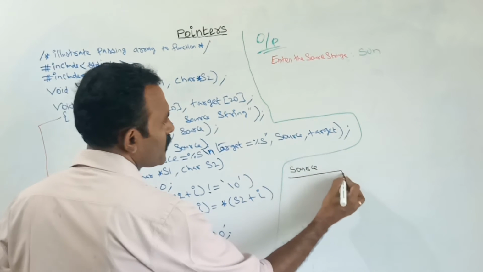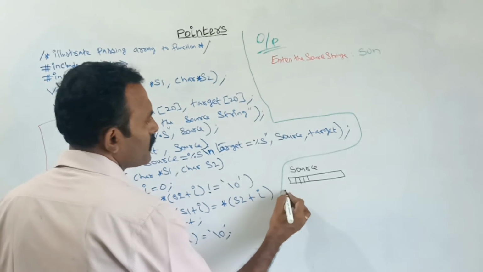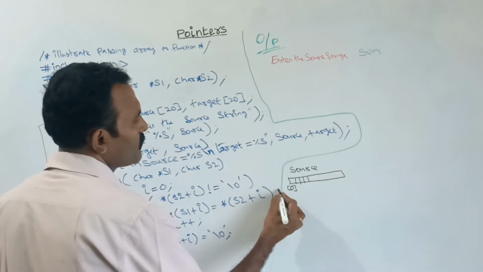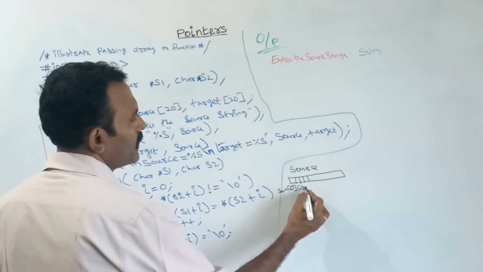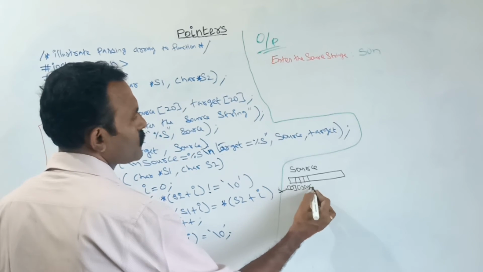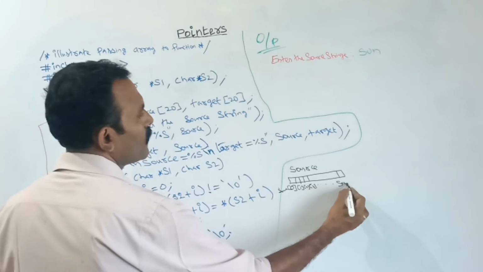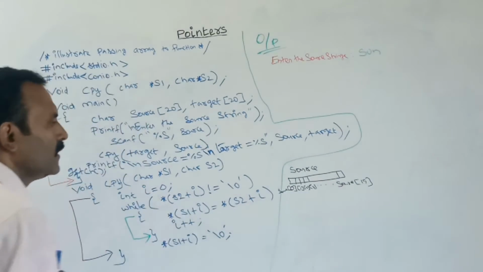For this, how many bytes does it allocate in total? From the 0th position, that is source of 0, source of 1, source of 2, source of 3, etc., up to the last one, source of 19.